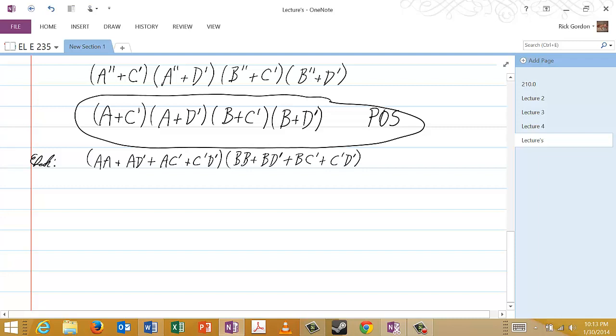Now, the way that we finish this all off very quickly is just to remember that any Boolean variable ANDed with itself is itself. So AA is equal to A, and similarly BB is equal to B.